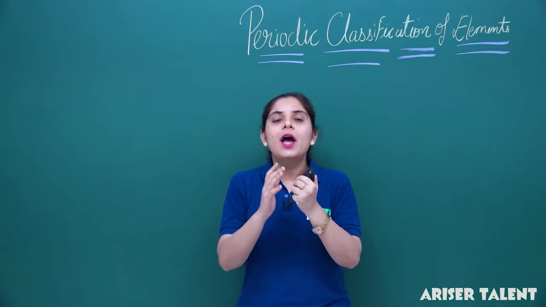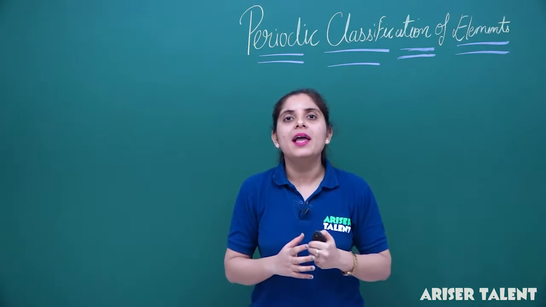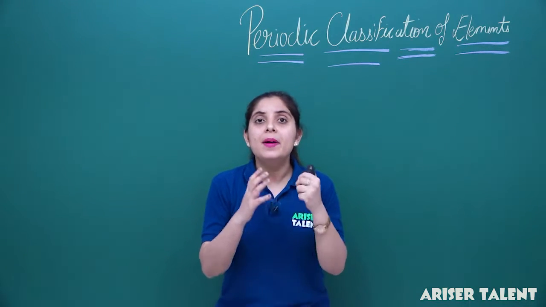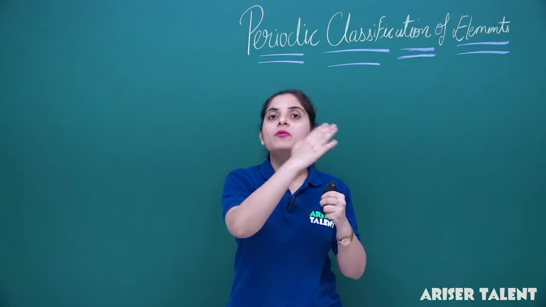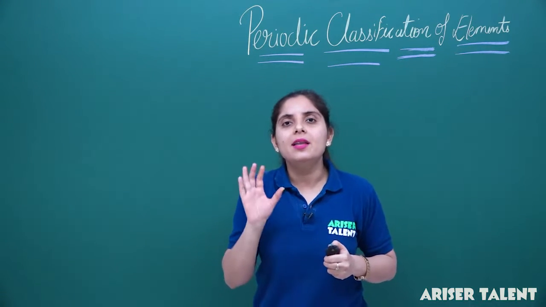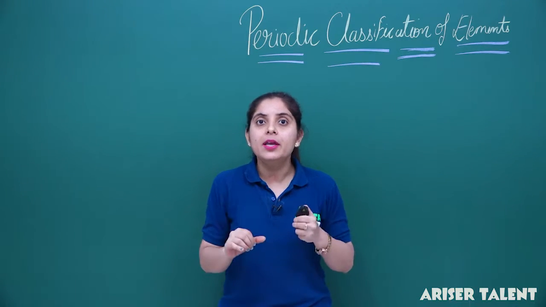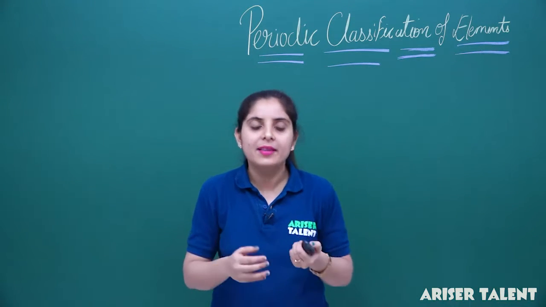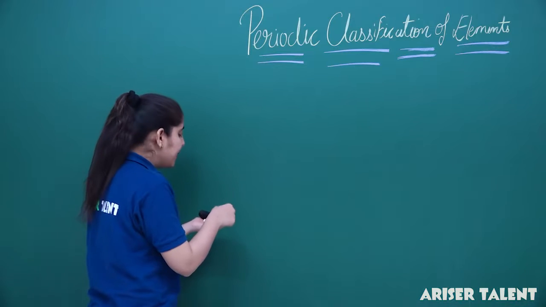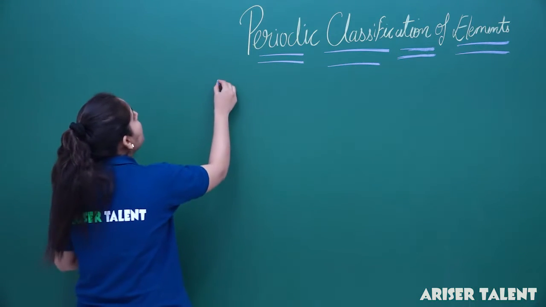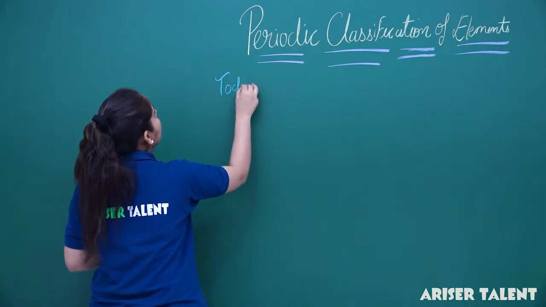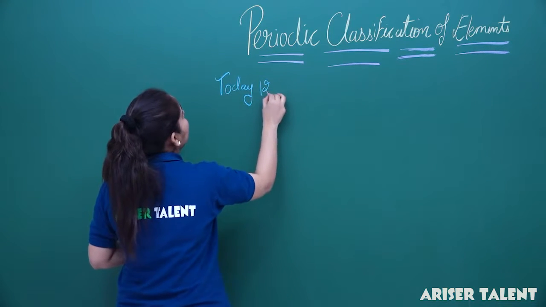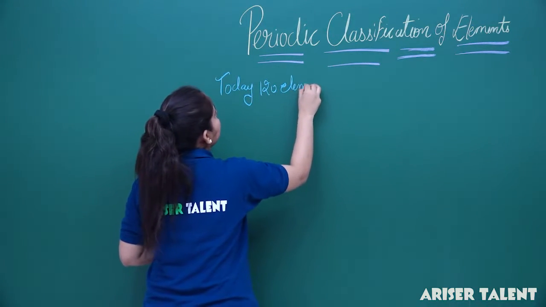You have heard that many types of elements exist in nature, but in the 18th century or before, only 30 elements were known, while today we know approximately 120 elements or more.